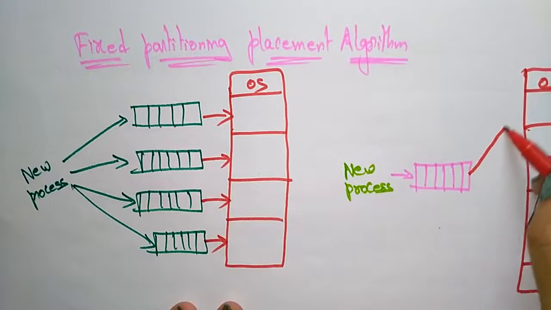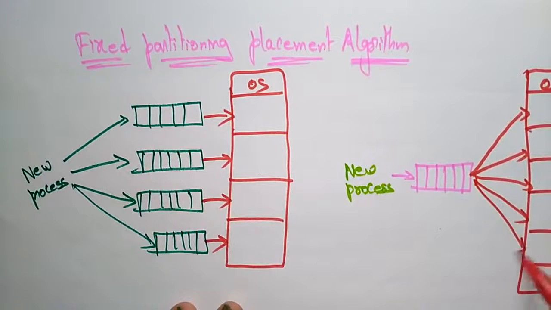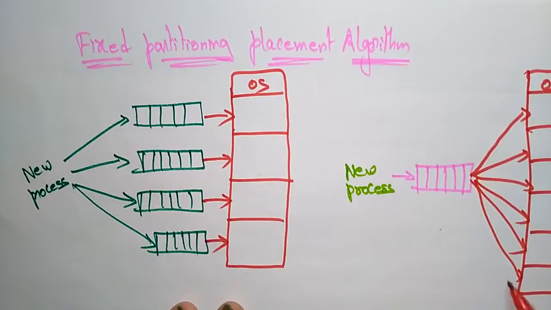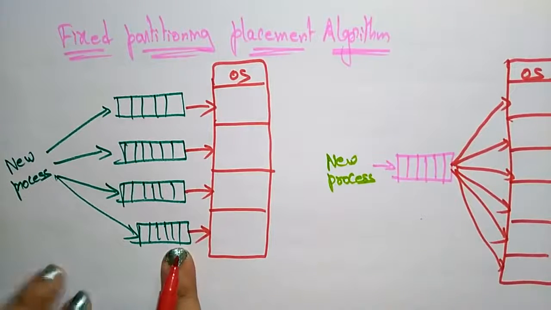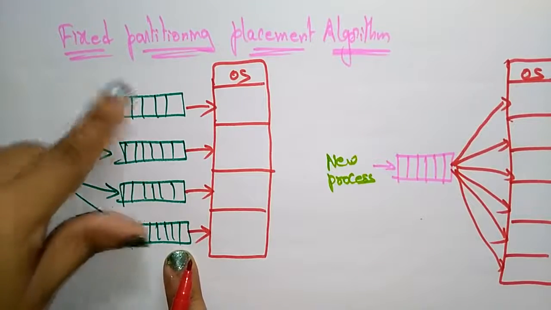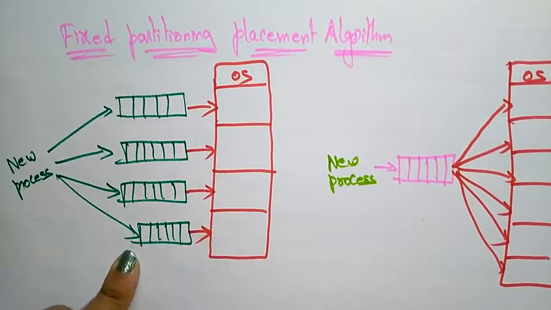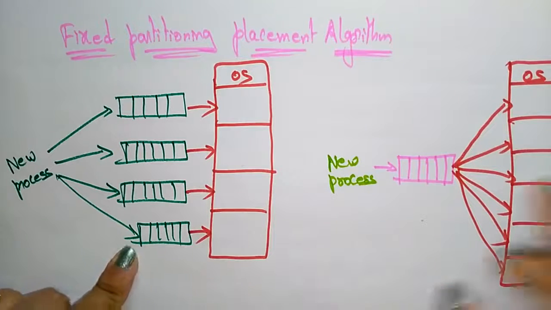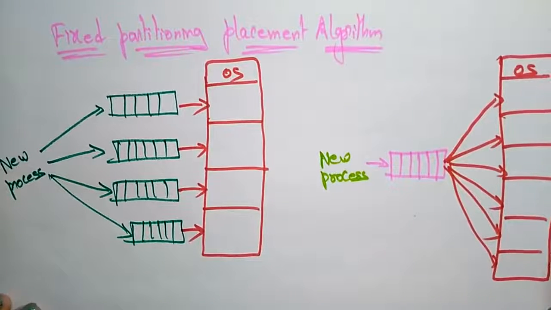So this is the single queue fixed partition placement algorithm, and the other is one process queue per partition. This is about the fixed partitioning placement algorithms. Thank you.